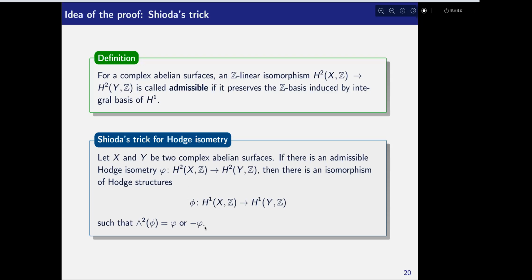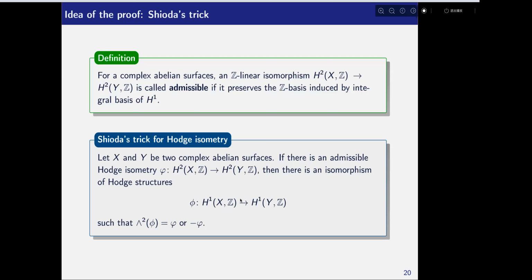This shows that such an isometry on H2 is induced by some isogeny between X and Y of degree 1. Okay, so this is Shioda's trick over C, but this is integral also.